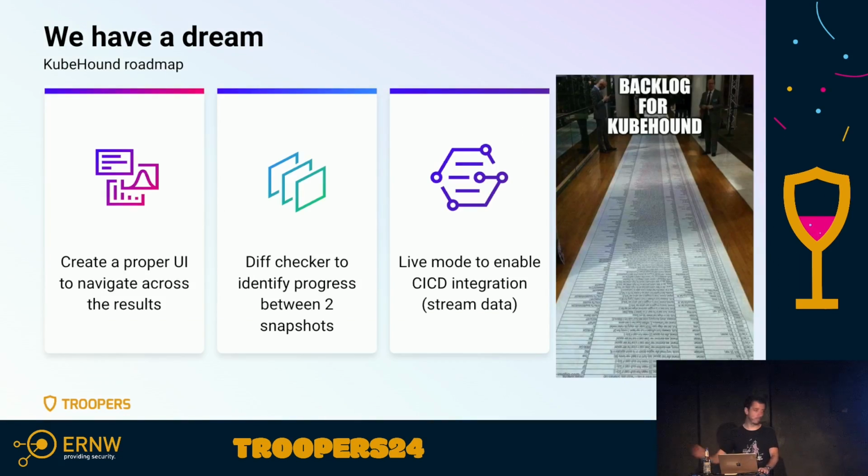So a lot of stuff. We also want to have our own UI someday, diff checking, CI/CD integration. We have a lot of other stuff in our backlog, but we are a small team, and we have more ideas than manpower to cover them.